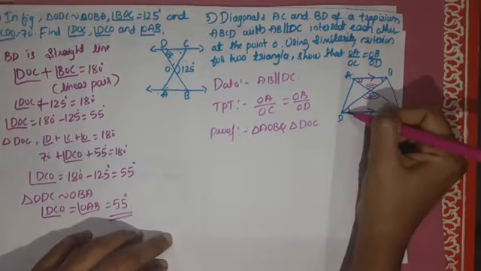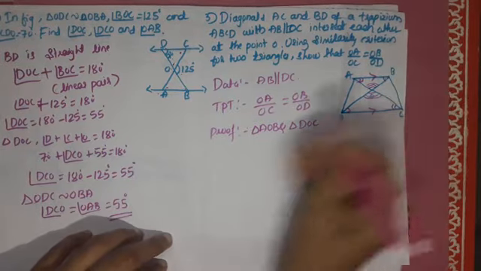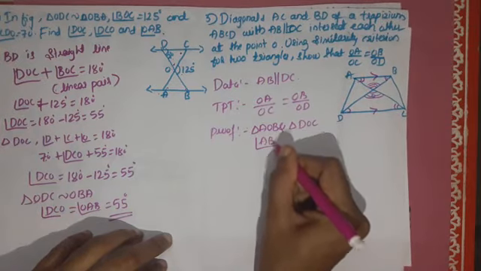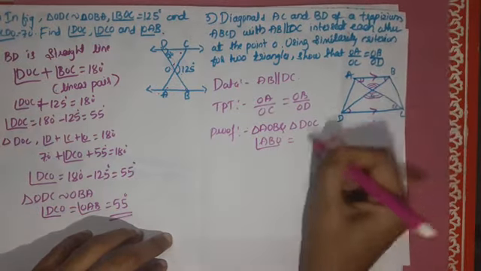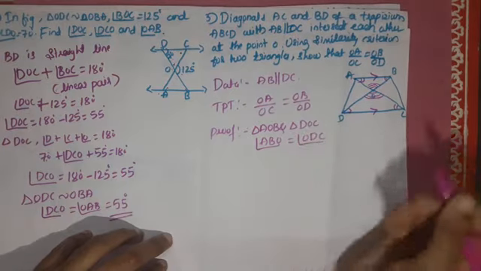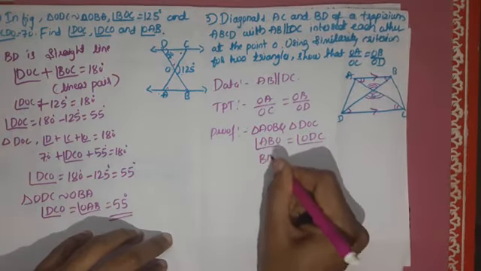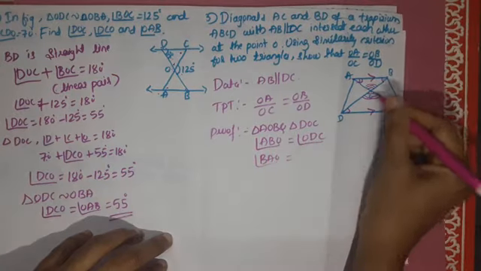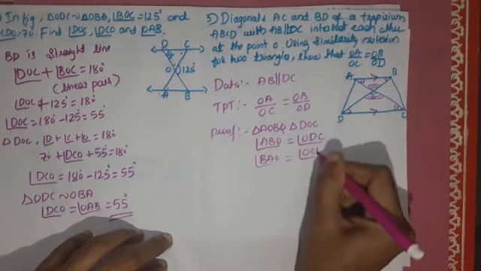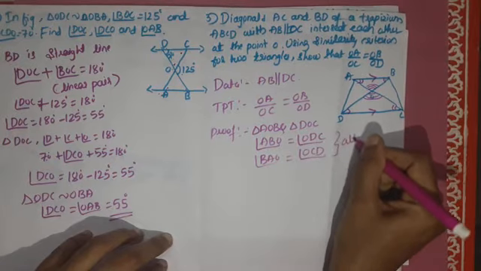ABO equals ODC, then BAO equals OCD. These two are alternate angles.